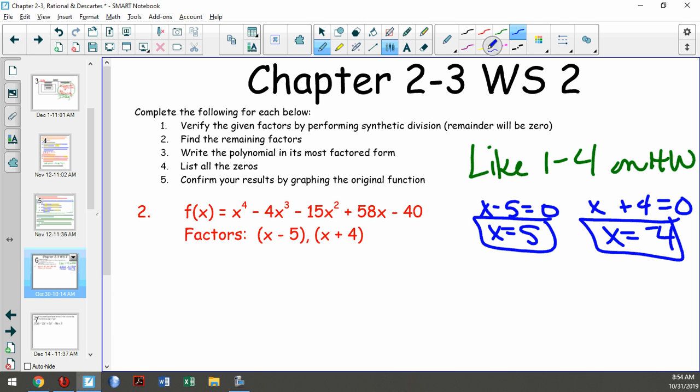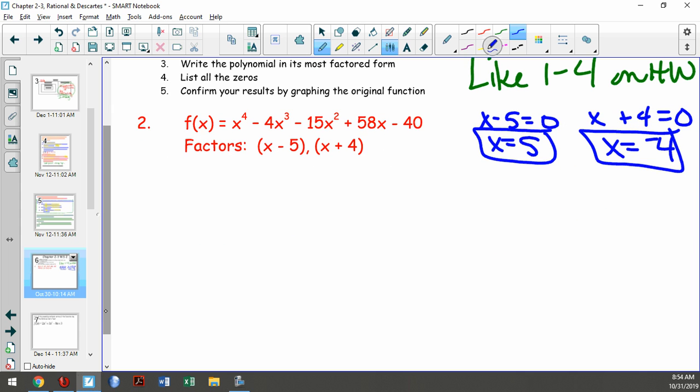We good? Okay, now I need to do synthetic division at each of those values. So we're going to do synthetic division at 5 first. So I put 5 in the half box. Did we see that?